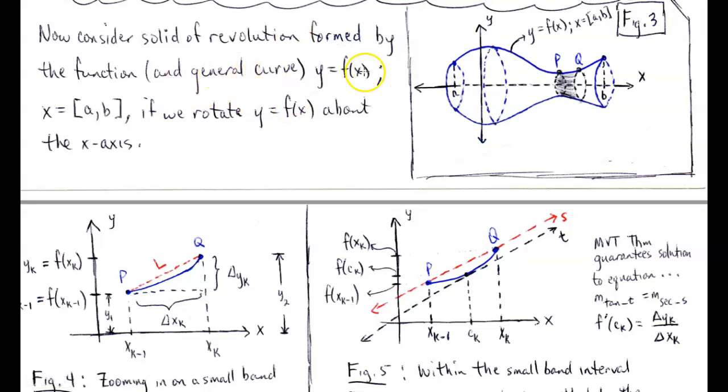So if we consider this solid of revolution for a function f of x, and this function is starting here at x equals a, and it's stopping here at x equals b. And just to make sure that you can see the actual function I'm considering, I'm going to go ahead and put all of that dotted lines in red.